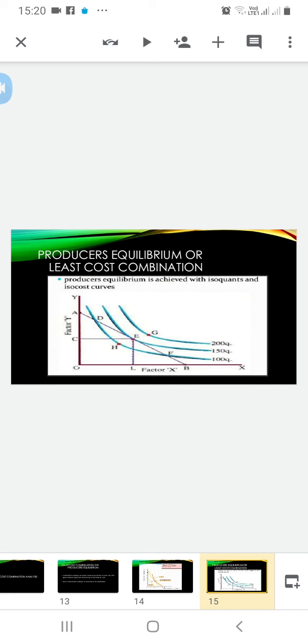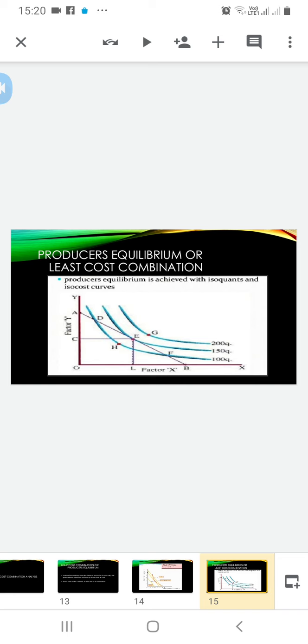At combinations, suppose R and S, MRTS is greater than the ratio of prices of factors L and K. At combinations K and L, MRTS is less than the ratio of prices of factors L and K.